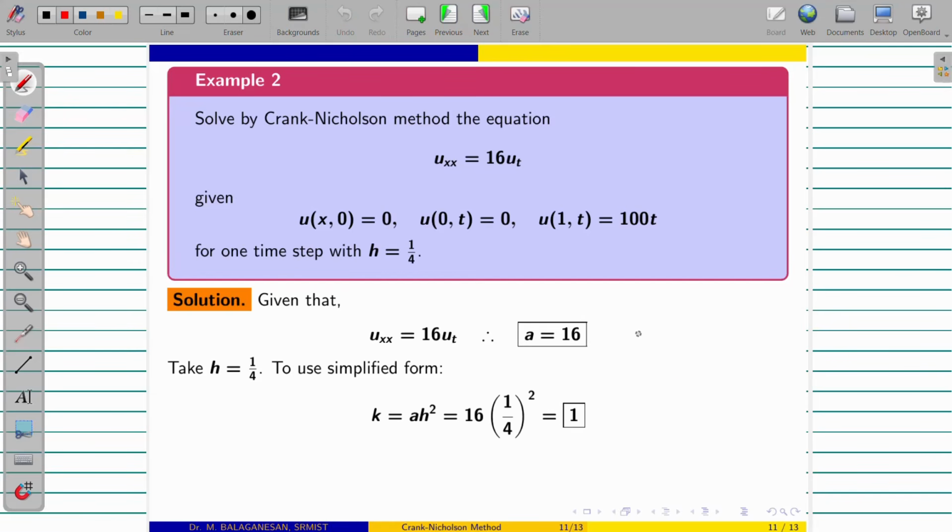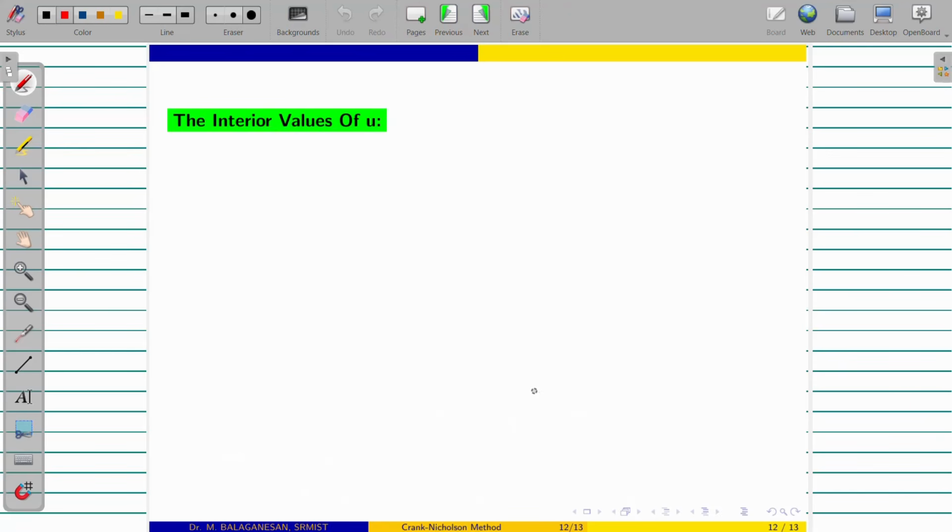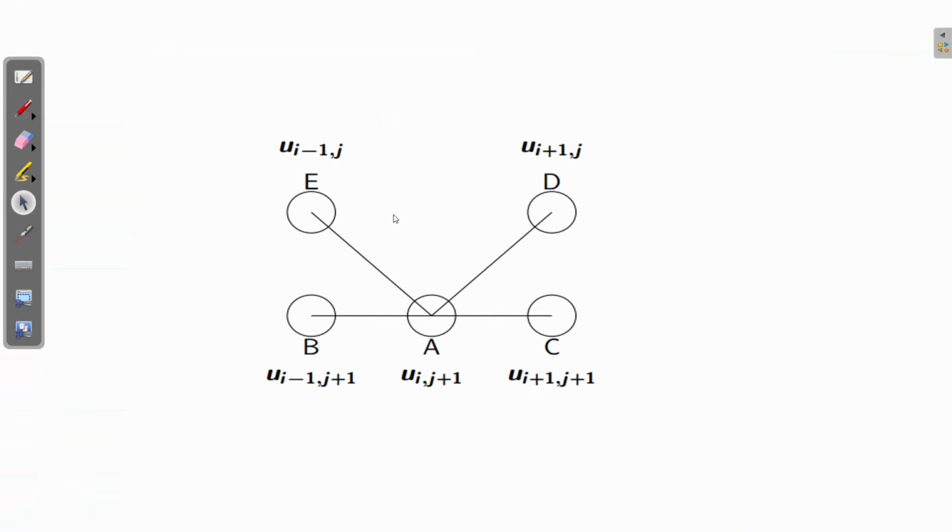Clear? Right. Use the Crank-Nicolson scheme. That scheme represents what? This diagrammatic representation. Do not forget this diagrammatic representation. If you want to find this value a, b plus c, e plus d by 4. Clear? Right.